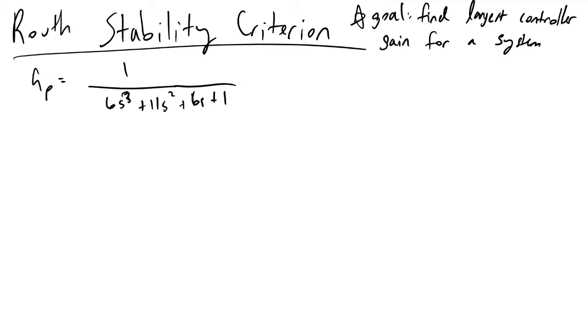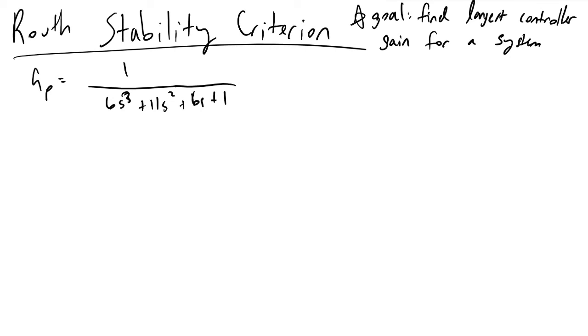When we want to determine the stability of our system by analyzing the poles of our characteristic equation, it's pretty easy for first and second order polynomials, but once we get into third, fourth, fifth degree polynomials, it gets very tedious, and rigorously evaluating all this is not necessary if we implement the Routh Stability Criterion.